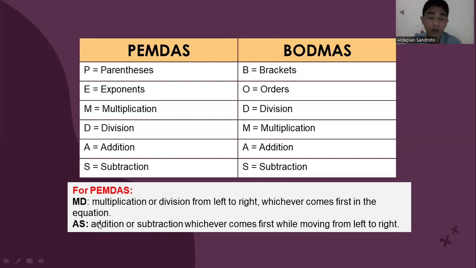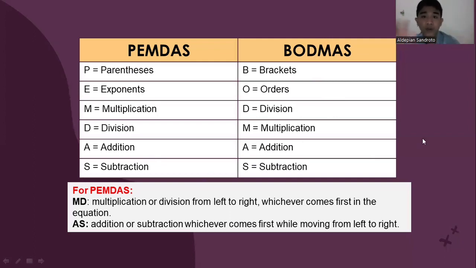And also for addition and subtraction, whichever comes first must be solved from left to right, no matter if it is addition or subtraction. But in both, we have to follow the rule. We start by solving the numbers in the brackets, followed by orders, division, multiplication, addition, and subtraction.